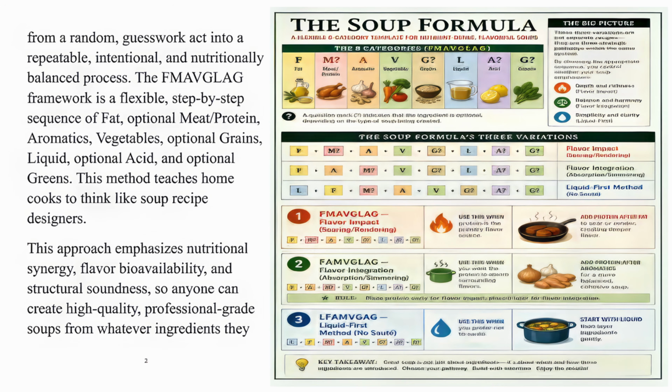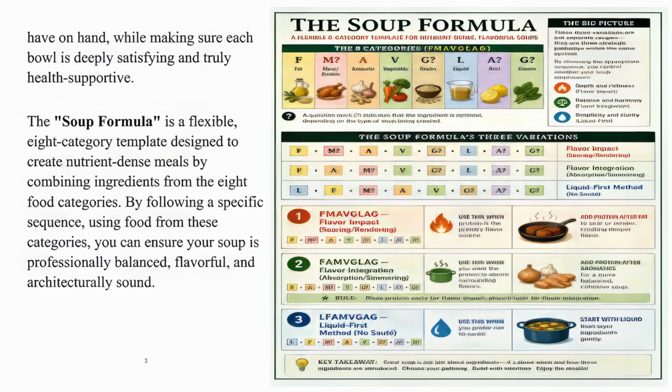This method teaches home cooks to think like soup recipe designers. This approach emphasizes nutritional synergy, flavor bioavailability, and structural soundness so anyone can create high-quality, professional-grade soups from whatever ingredients they have on hand, while making sure each bowl is deeply satisfying and truly health-supportive.